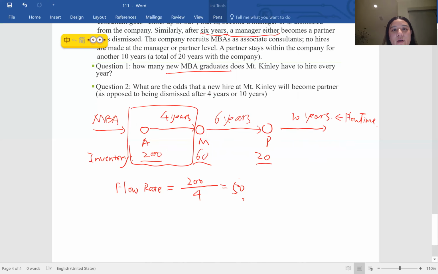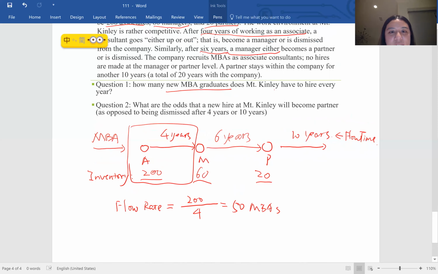So we need to hire 50 MBAs per year. This is the answer for question 1. And let's look at question 2. What are the odds that a new hire at the company will become a partner?